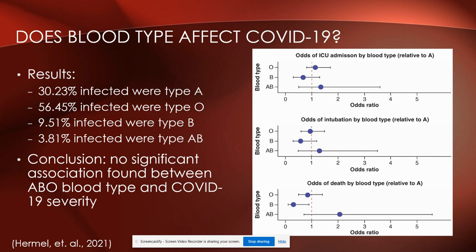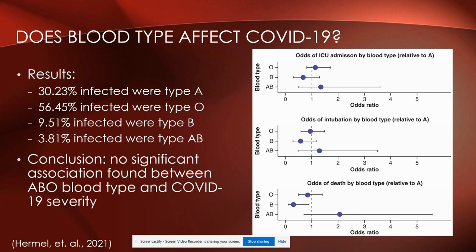So I was reading further and found this picture in the article that shows the odds ratios plotted for measurements of severity. Remember, that was length of hospitalization, need for intubation, ICU admission, and death. And so they ended up comparing all of it relative to type A blood.